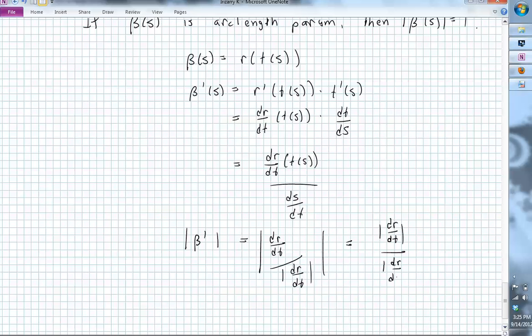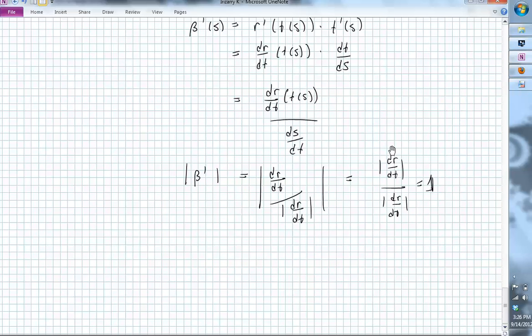And you get unit speed. What happened to that T of S? I suppressed it, so it's still hiding in there, and they're both evaluated at the same place, so it's okay. So if you reparameterize a curve according to arc length, the result will be a unit speed curve. That's what these are called, unit speed curves.